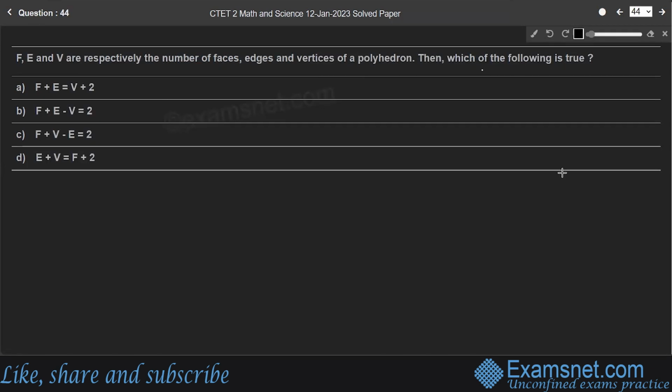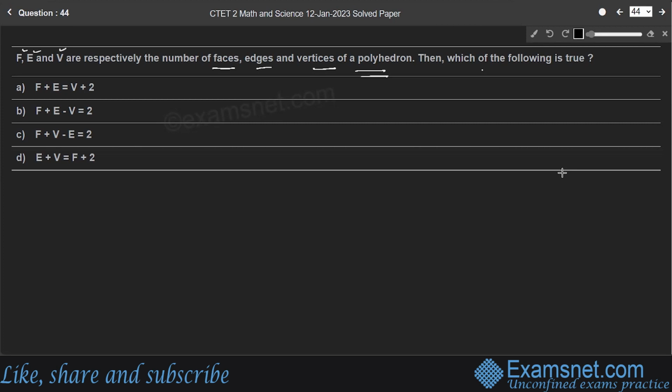Question 44. F, E and V are respectively the number of faces, edges and vertices of a polyhedron. Then which of the following is true? There is a common relation between faces, edges and vertices of a polyhedron, right? There are varieties of polyhedron, many types. For example, a cube is a polyhedron, a three-dimensional object.